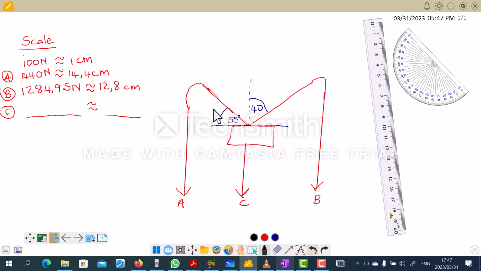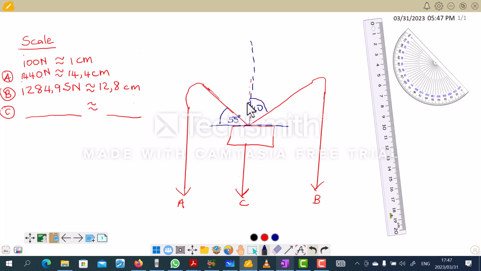This is what they gave us. So I want you now to use your trigonometric ratios to find the angles. So if you can see the normal, this is the normal. Let me highlight the normal. So let's say the normal is this line.